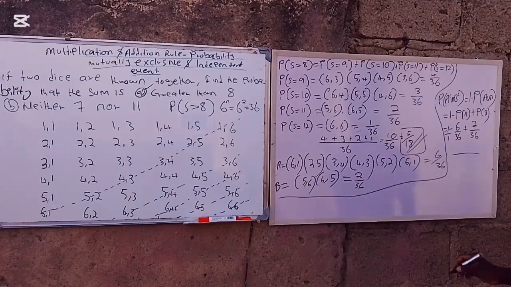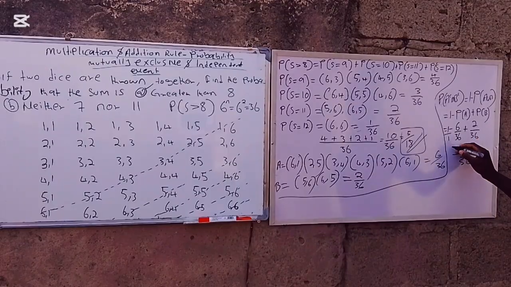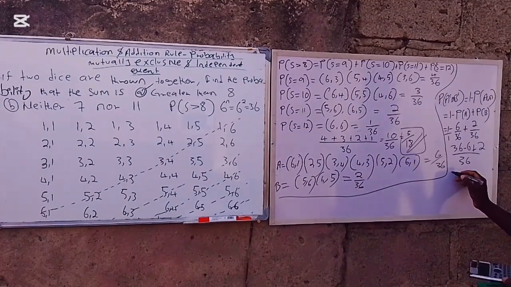What should be the LCM between this and this? The LCM is 36. 36 into 1, I'll get 36. Multiplied by 1, I'll get 36. This one multiplied by 6, I'll get 6, plus the same thing, I'll get my 2. So 36 minus 6 plus 2, what should I get?